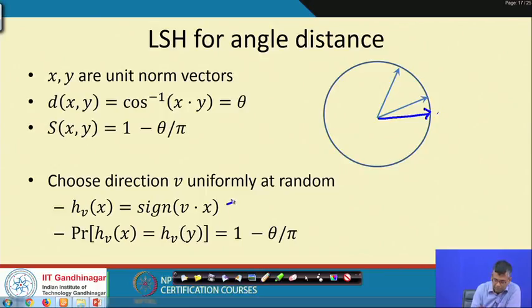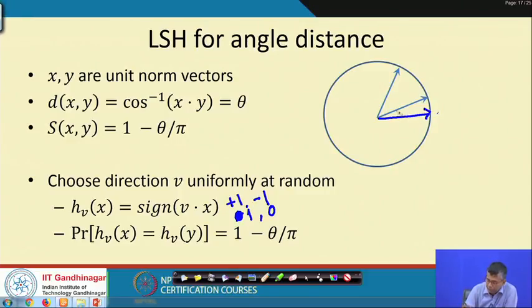The sign is plus 1 or minus 1, or you can think of it as 1 and 0. Basically it just gives you a single bit. But what is the sign? Let us look at it geometrically.